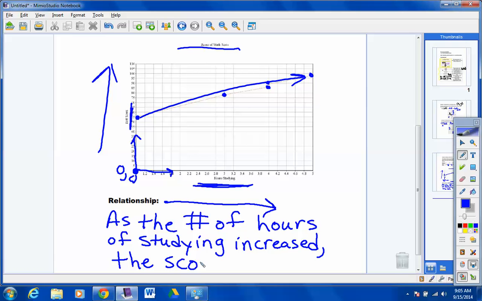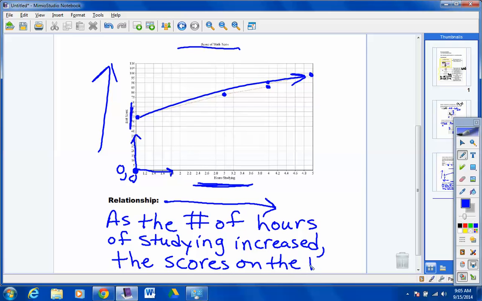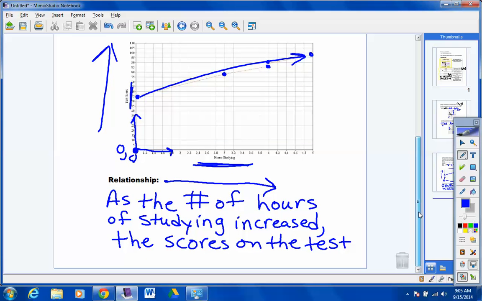I still need to write all this down. Yep, and I'll leave it up here for you, John. I'm saying so far to this point, as the number of hours of studying increased, the test scores on the test went up. Okay?